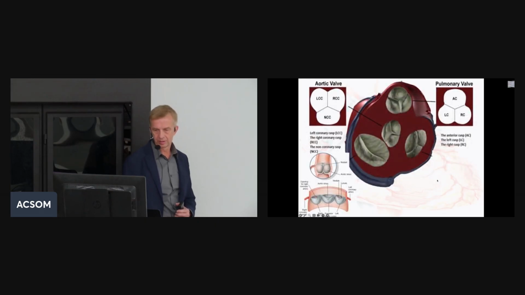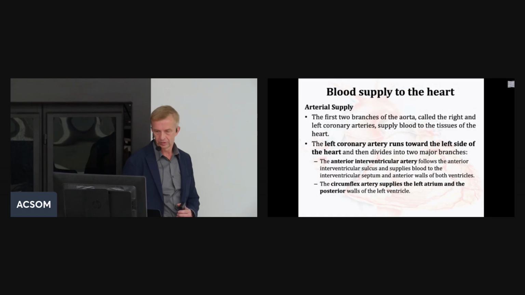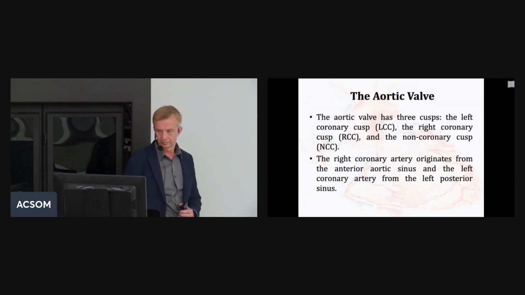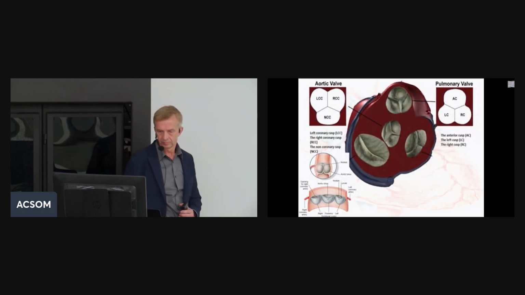Here is the, where are we? This is the aortic valve. This is the posterior coronary sinus, which has the left coronary artery, and this is the anterior coronary sinus or right coronary cusp, where the right coronary artery originates.